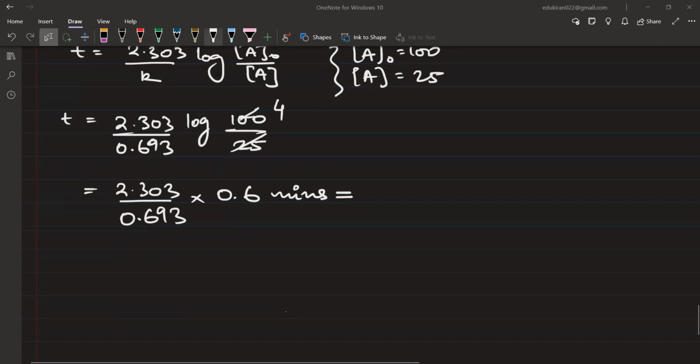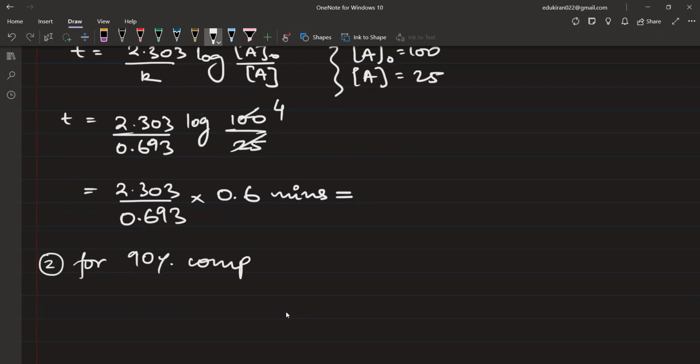Okay, so other guys, please calculate for 90%. Astha, no. Calculate this way, it will be 1.99. You are making some mistake.